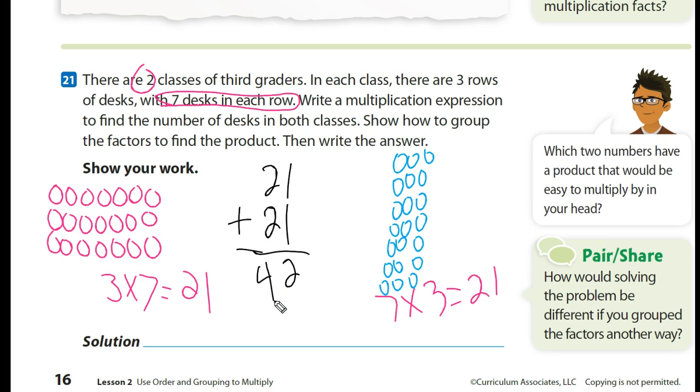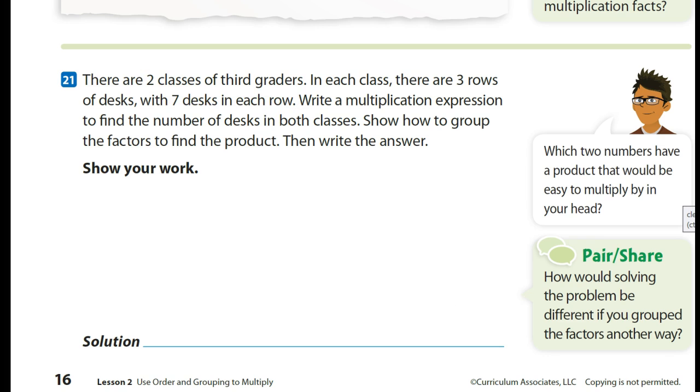We could also use multiplication with 3 factors. How many classes are there? 2 classes. And how many rows in each class? 3. So I can multiply 2 times 3. And how many desks in each row? 7.